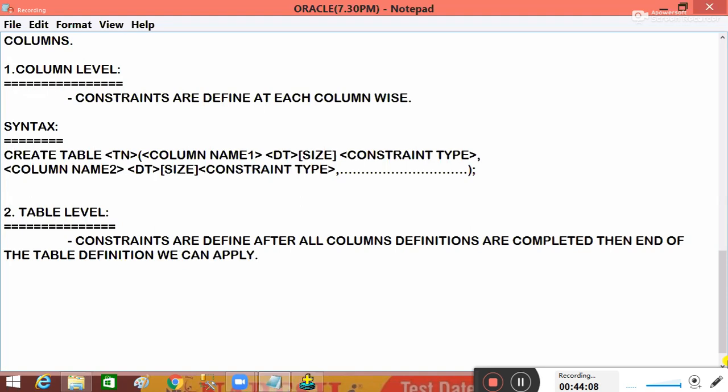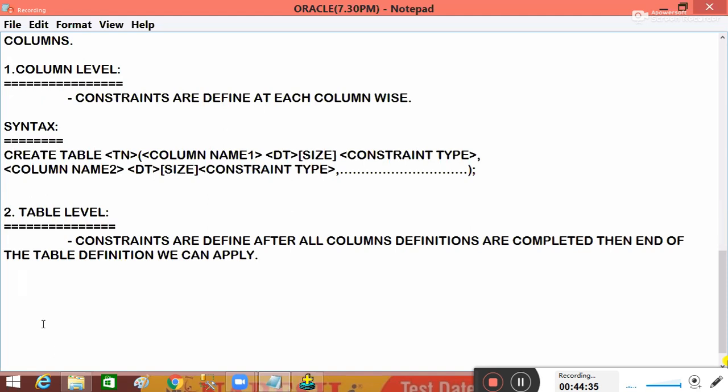In table level, first I create my table with however many columns you want to create. First create, don't apply any constraint. After all column definitions are completed, then at the end of the table definition apply.